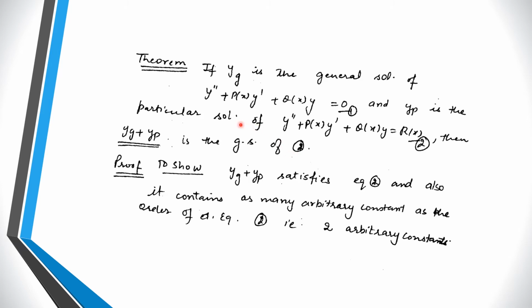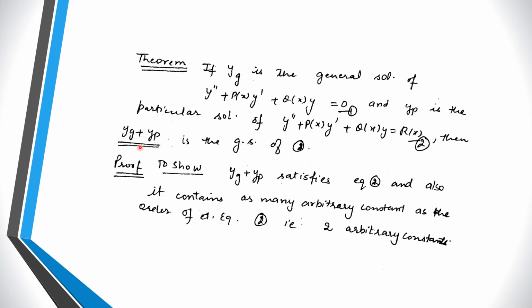But we already know that yg is the general solution of equation 1. So in yg there are two arbitrary constants. When you add any particular solution to it, it will again have two arbitrary constants. So it is sufficient to prove that it is a solution of equation 2, meaning it satisfies equation 2.